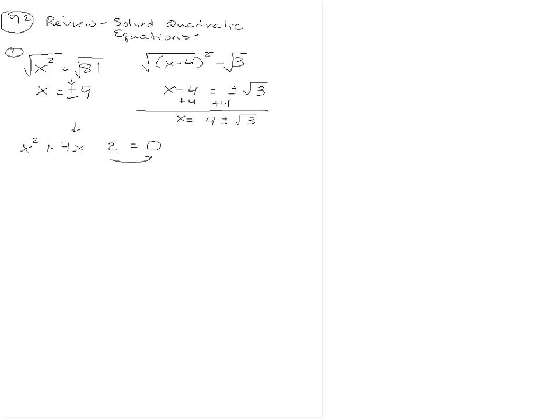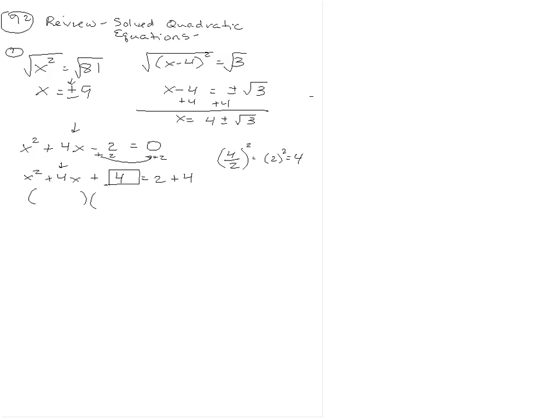Remember, we moved the 2 over, so we got x squared plus 4x equals 2, and then we had to find out this number. And that was by taking half of that middle number and squaring it. So 2 squared, which is 4. So we add it here, and we add it there.